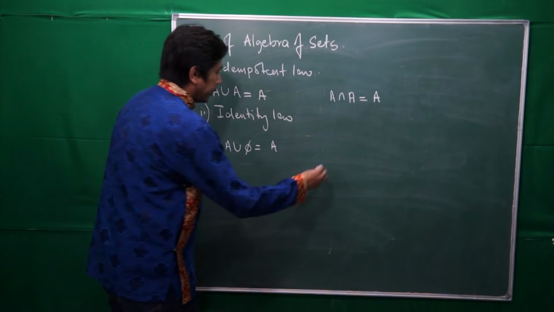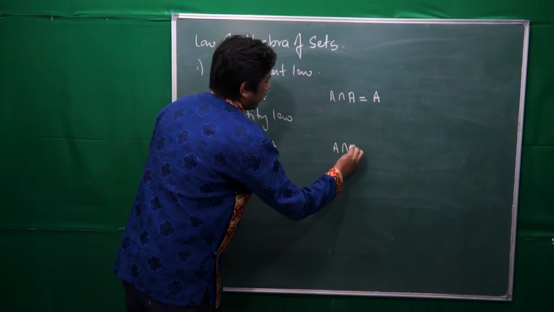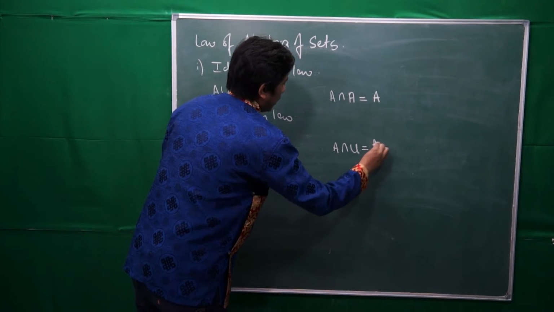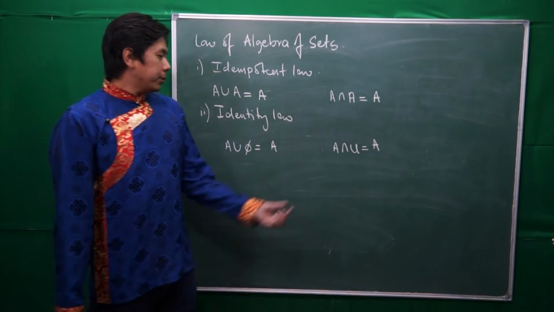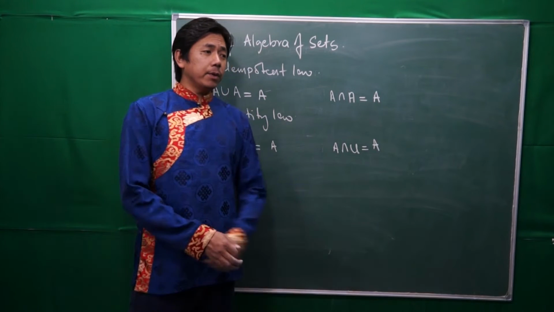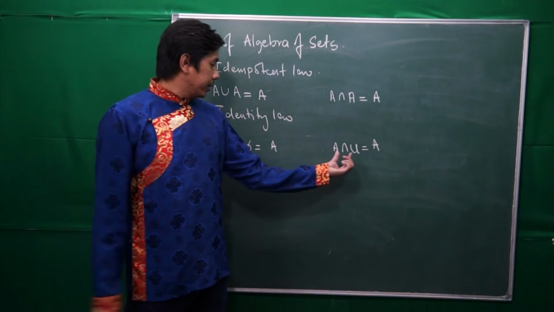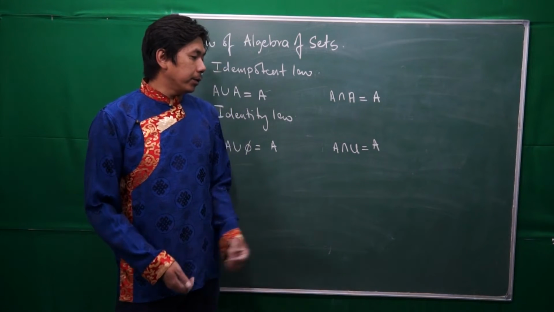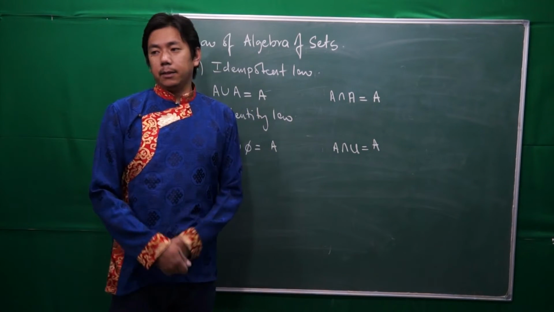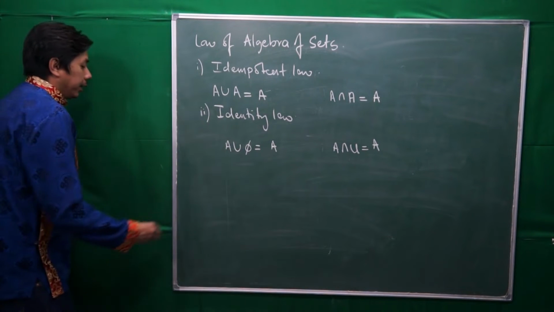Similarly, for intersection, A when intersected with a universal set would give me A. Simple. All the elements would be inclusive in the universal set, that is clear. So when the intersection of A is done with the universal set U, you will be getting A again.